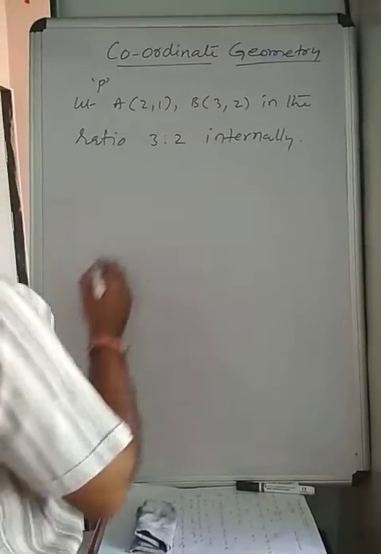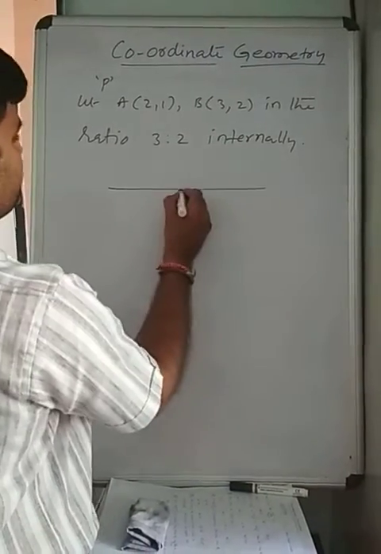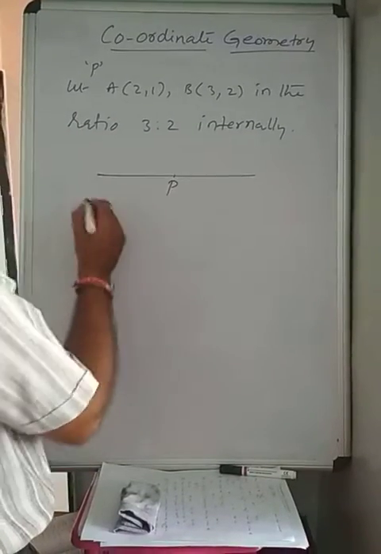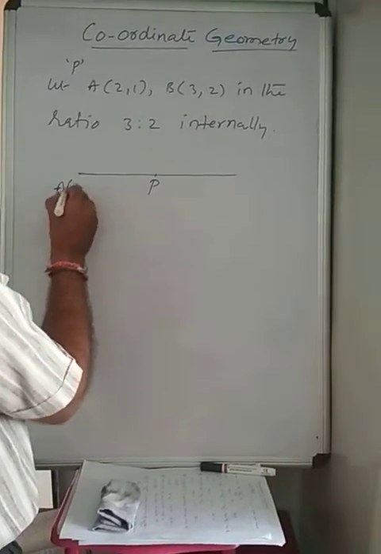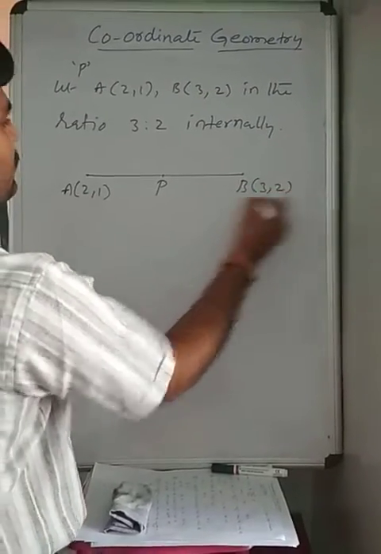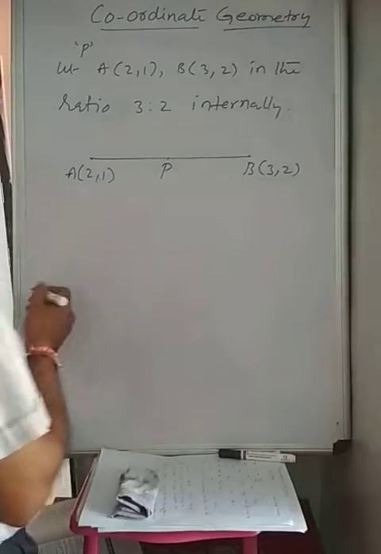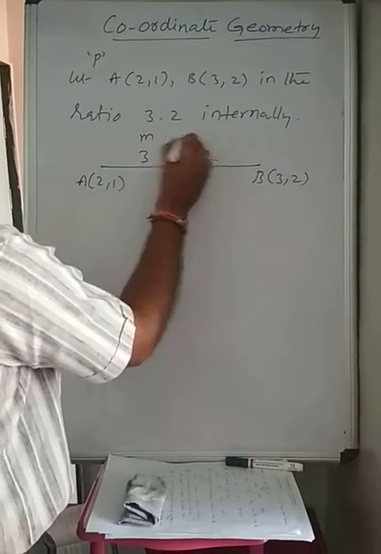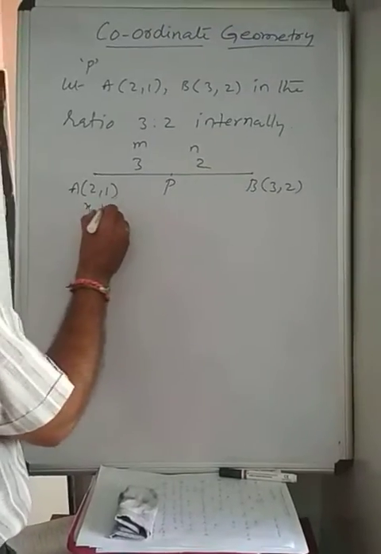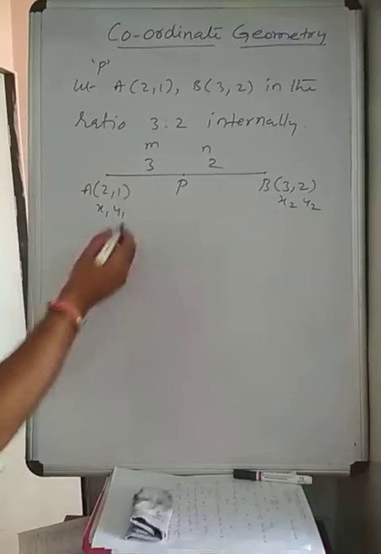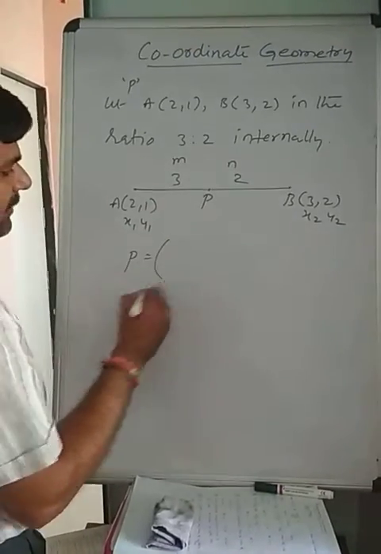So here the points are given, and we require the P coordinates. A is (2, 1) and B is (3, 2). P divides the line segment AB in the ratio 3:2. So this is m, this is n, this is (x1, y1), this is (x2, y2). Therefore the coordinates of P are given by the formula.